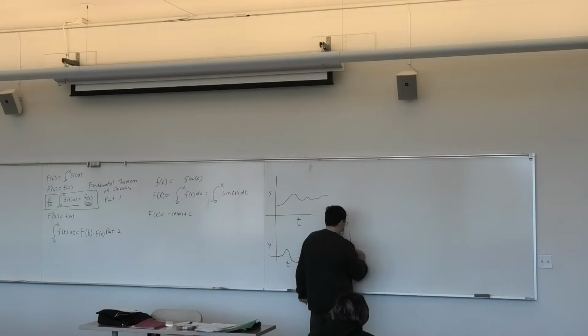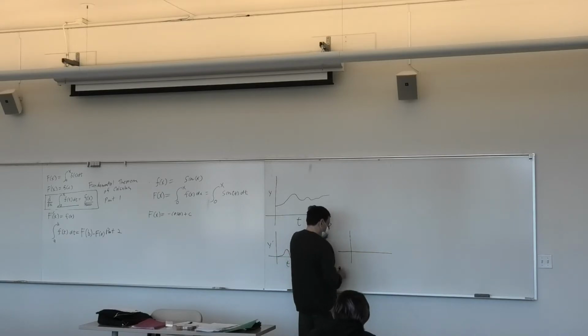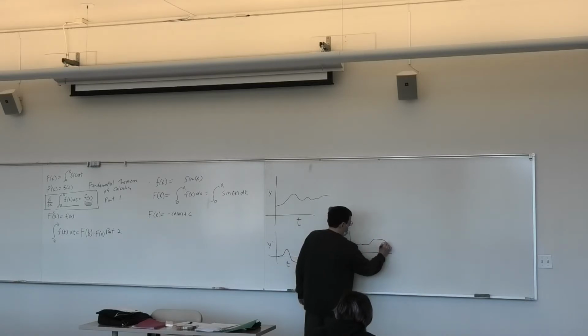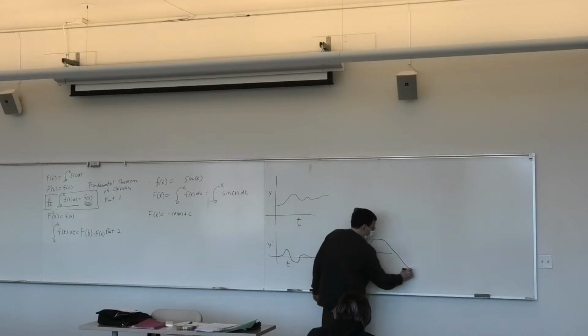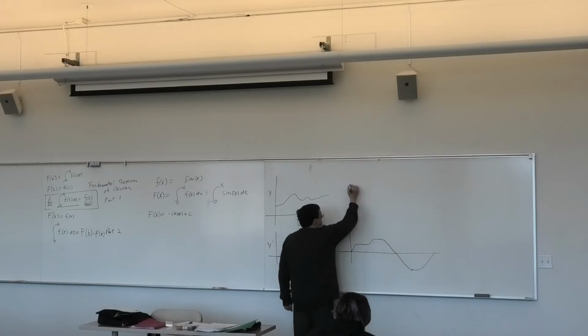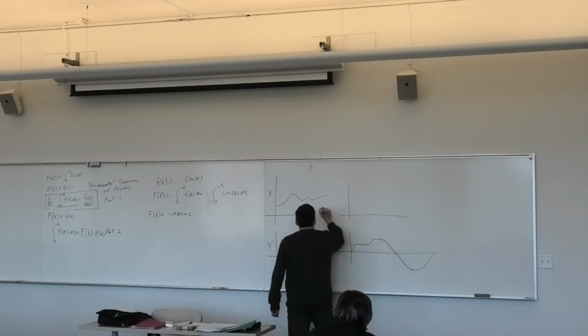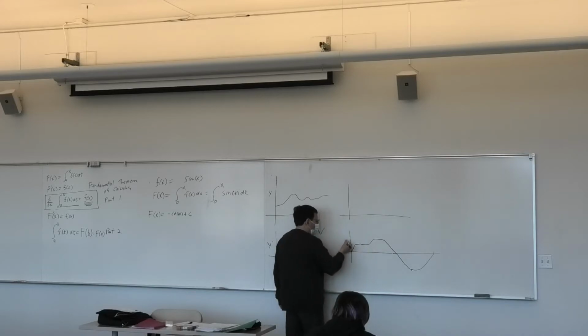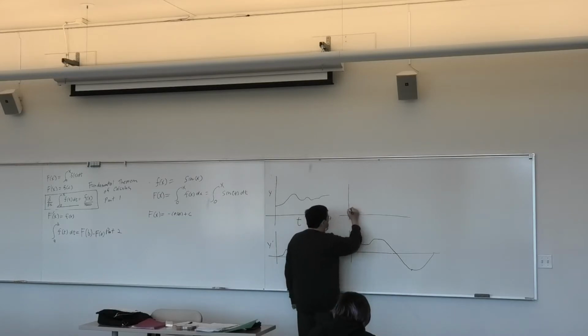Now, if I have a velocity graph, I start off, speed up even some more, slow down, maybe go in reverse. Now, I have my velocity graph, and I integrate under it. I start finding the area under it.